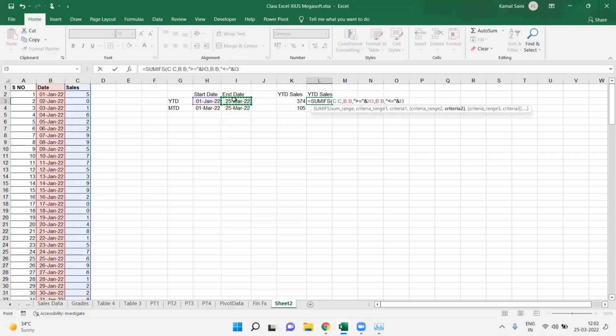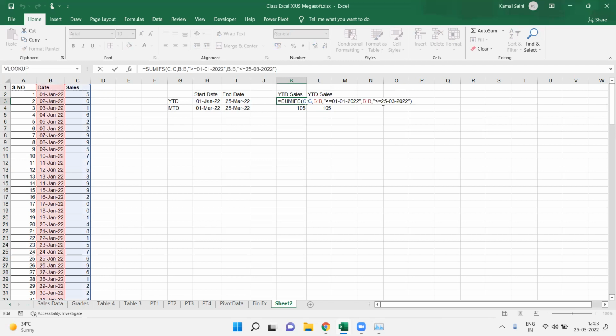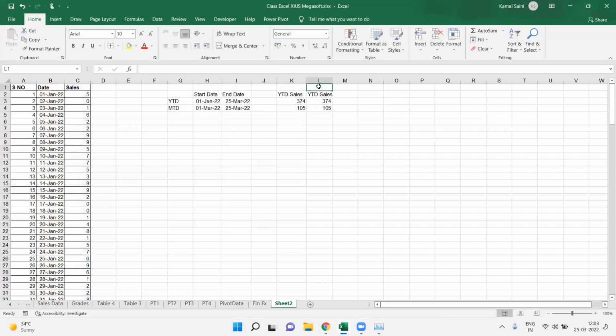Now tomorrow, automatically this part will update. On the other hand, the below one, this one won't update because we have fixed it. It should take up the data based on the fixed dates we have specified. So this will be dynamic and this would be static, because here you need to change the date as per the scenario every time.